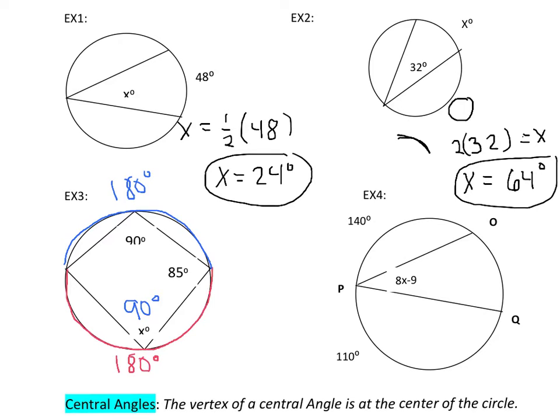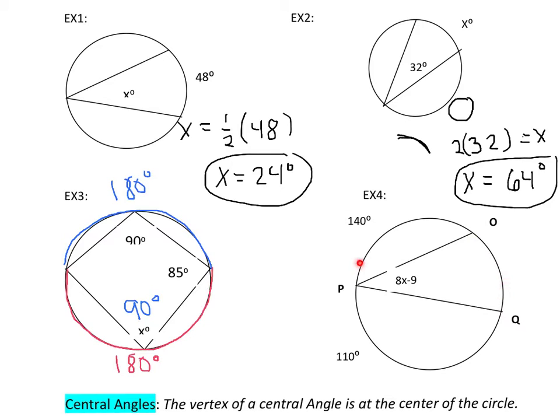What if we have algebra? You might think, I have a hard time with algebra, but again, this is quite simple. You use the same formula. The first thing we need to find is the measure of this arc.